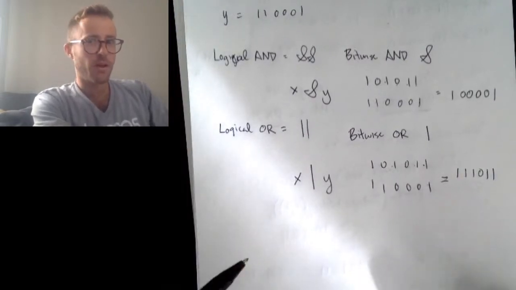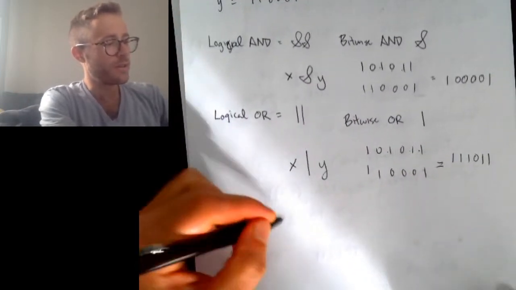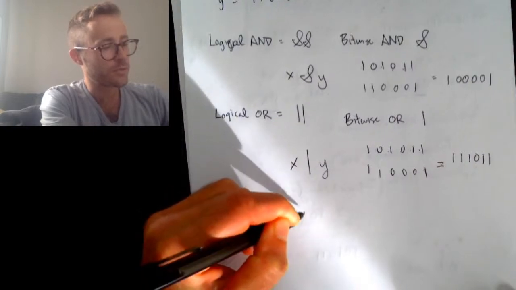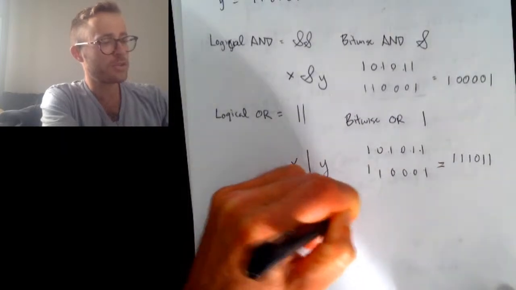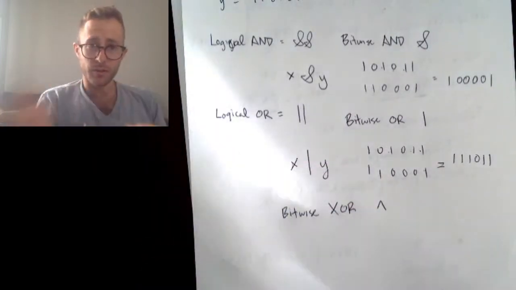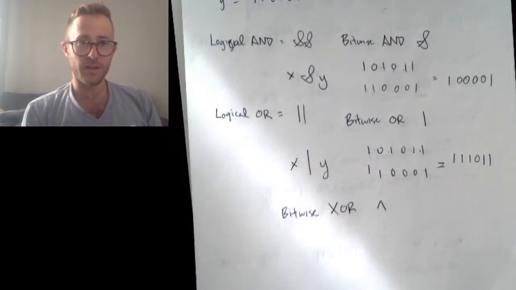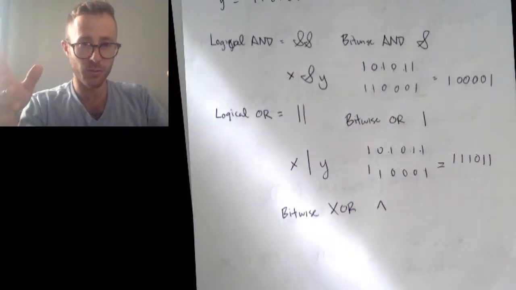Okay? And there's one last, which is the bitwise exclusive OR, which is the caret. So remember, exclusive, the regular OR is 1 if either one or both is equal to 1.